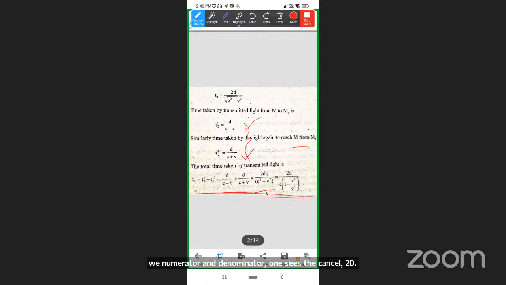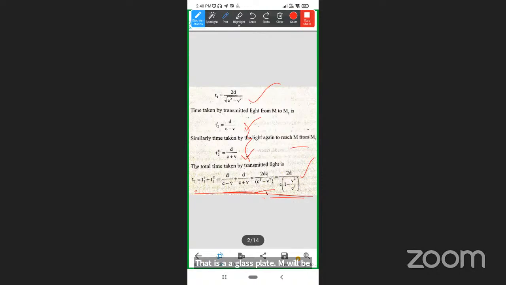This T2 time and T1 are the time differences between the reflected and transmitted lights reaching the M mirror, that is, the glass plate M, which gives the path difference.